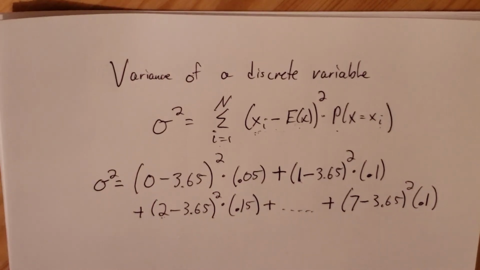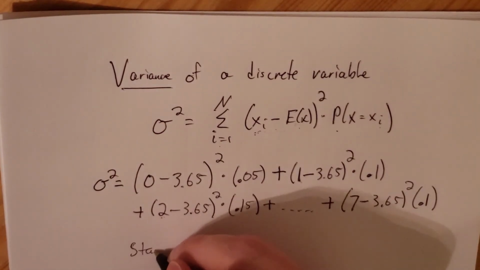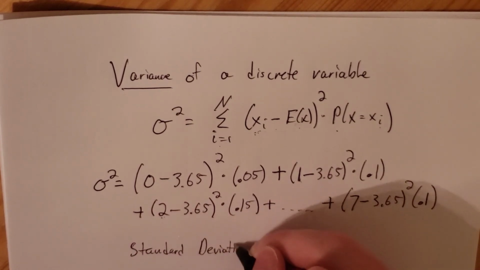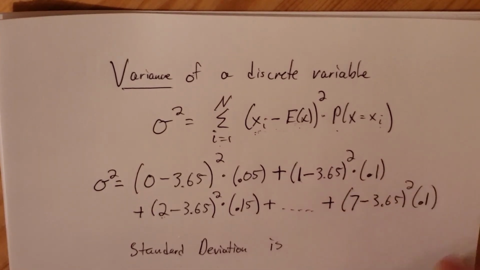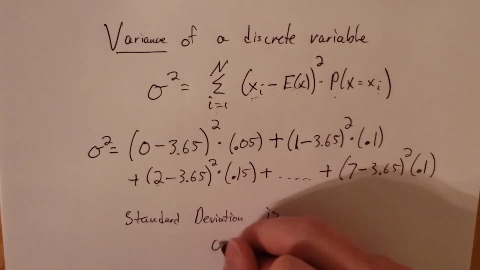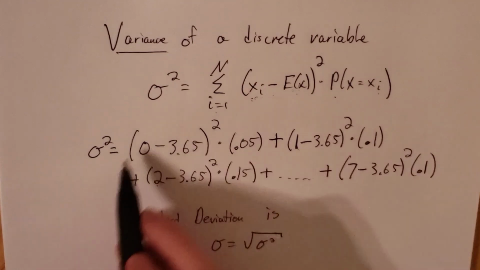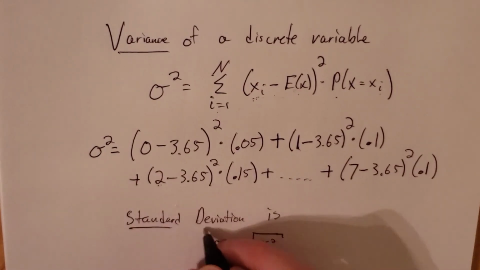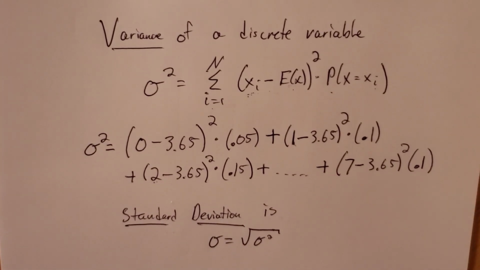And furthermore, this is our variance. And finally, our standard deviation is, and standard deviation is just sigma equal to the square root of sigma squared. So after we calculate this up here, take the square root to find your standard deviation. All right, and that will end this video.